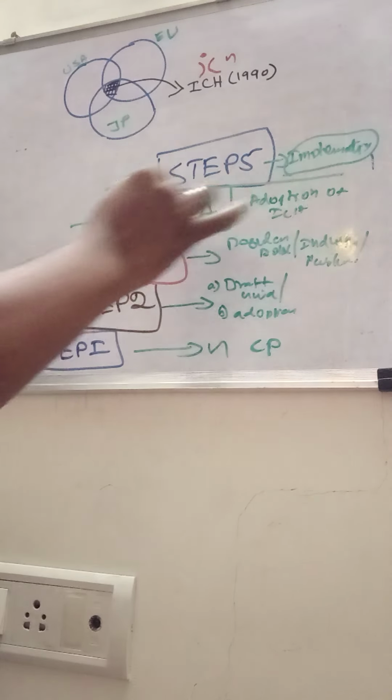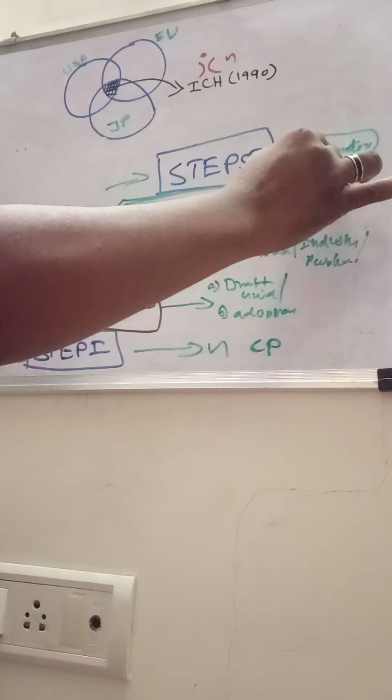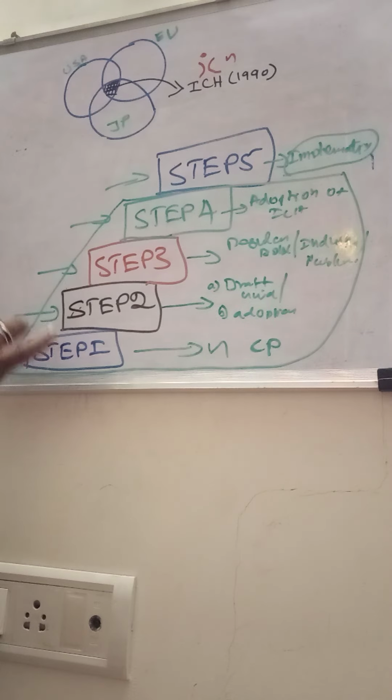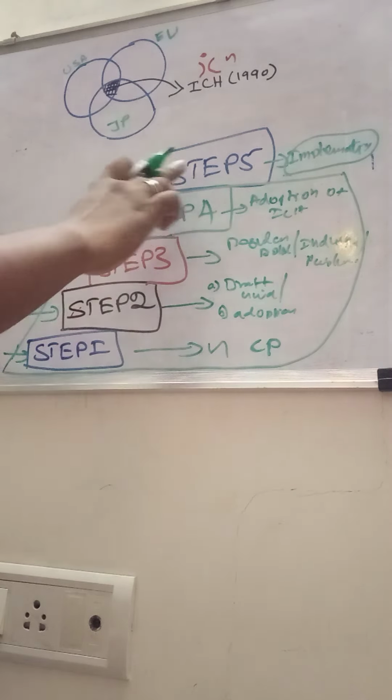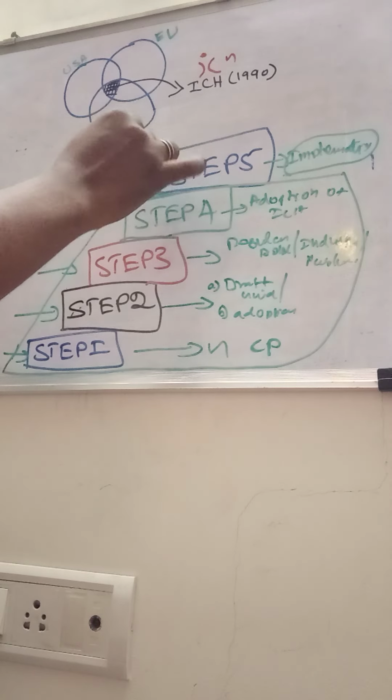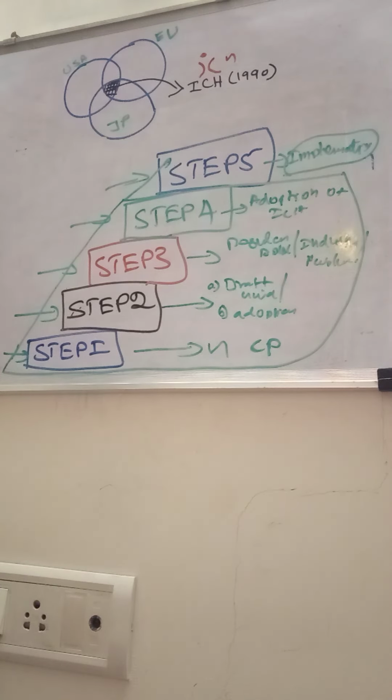As I said, in ICH there are a number of countries, observers and everyone. Till step 4, it is ready to implement, and step 5 usually depends upon the particular country's implementation.